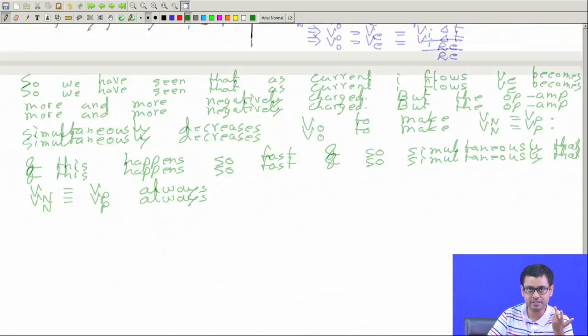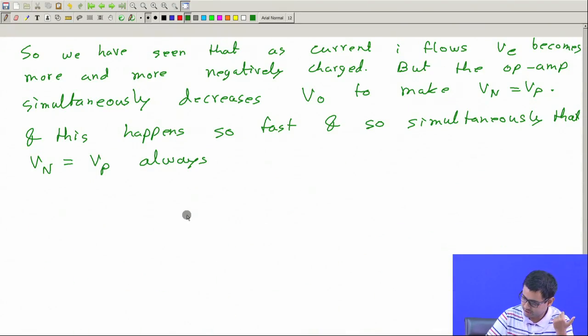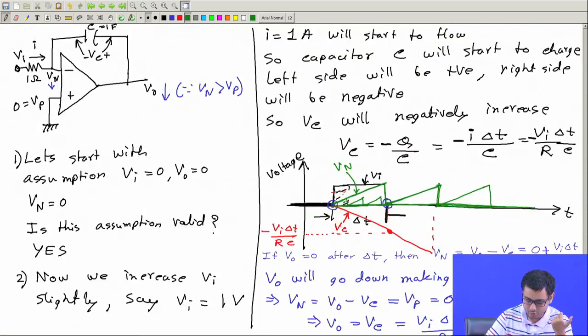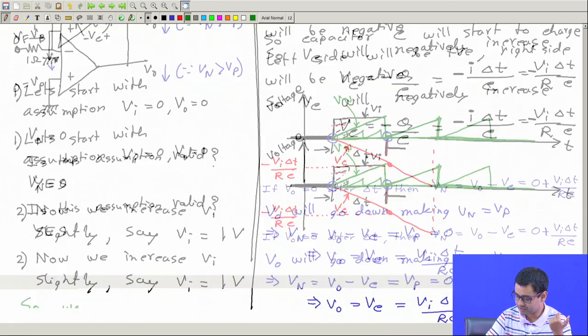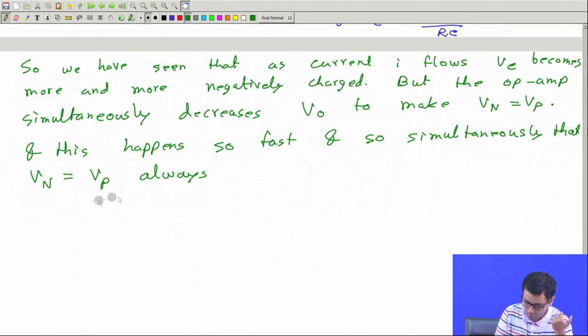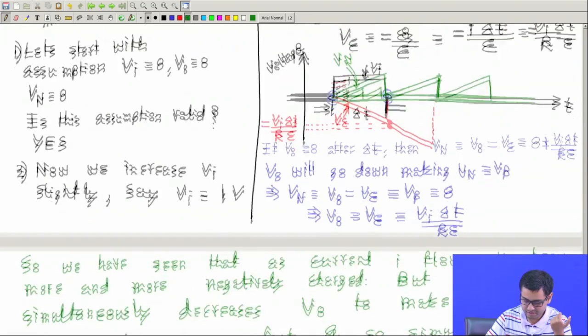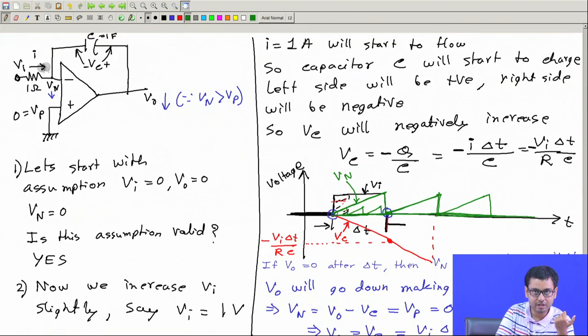And then now the math is very simple. So now you look at the circuit, we know Vn is always equal to Vp, so this is always equal to 0. So now it's very simple, Vn is equal to 0, implying current I is how much? Vi minus 0 by R. This is this current, of course, always.